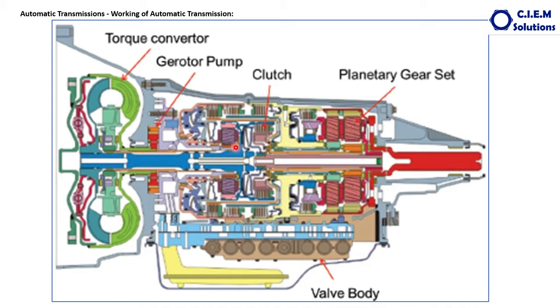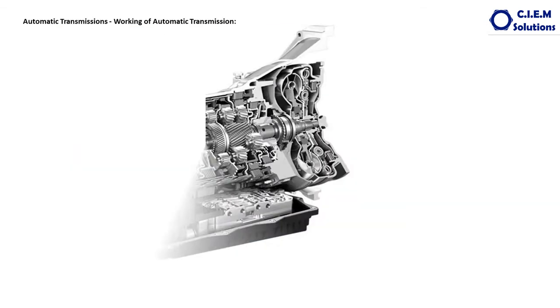Then this is the control valve. This particular control valve holds many valves like the main pressure regulator valve, shift signal valve, trimmer valves, hydraulic governor, and so many other things for the smooth and effective functioning of the transmission.